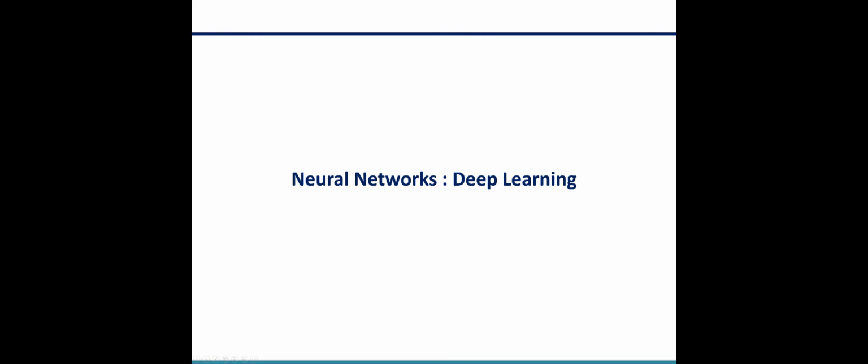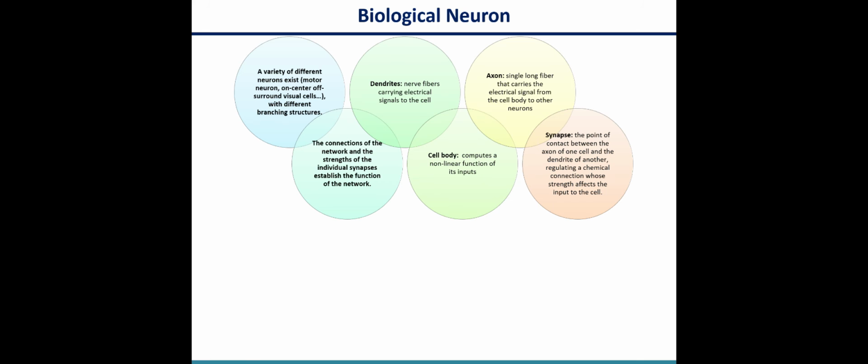After the machine learning work, they started to think how can we make the machine more advanced, so that it makes intelligence and works similar to a human brain. We have our biological brain, how does it work? A variety of different neurons exist, like motor neurons and visual cells with different branching structures.